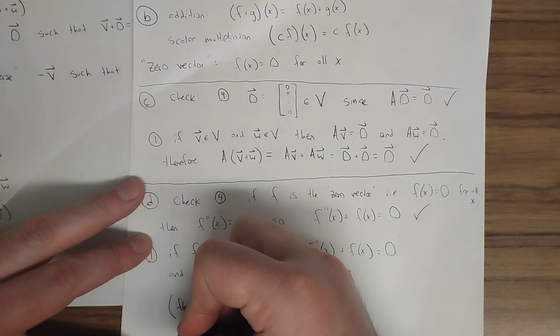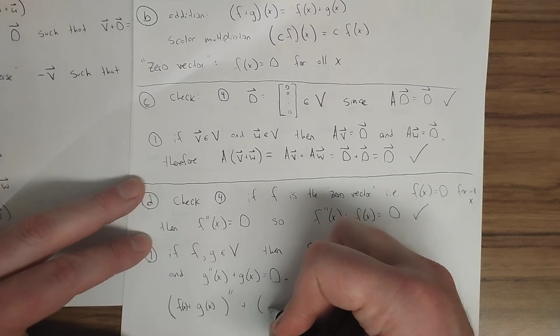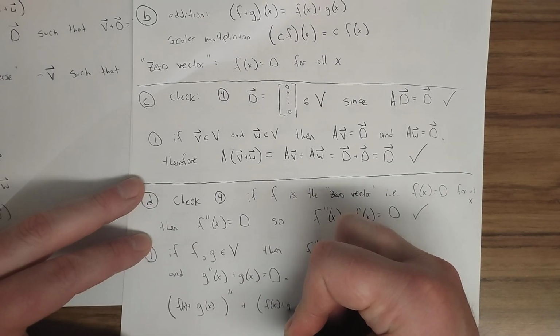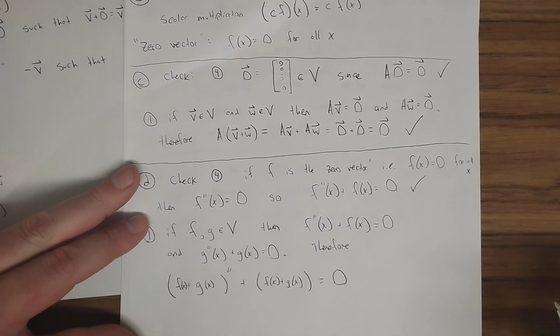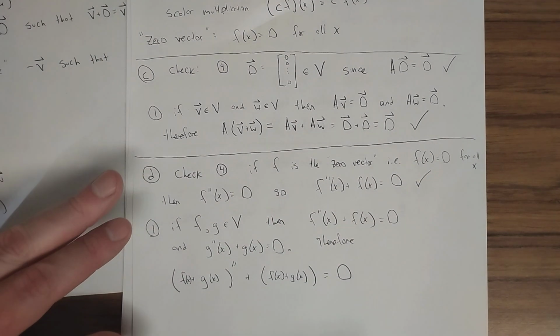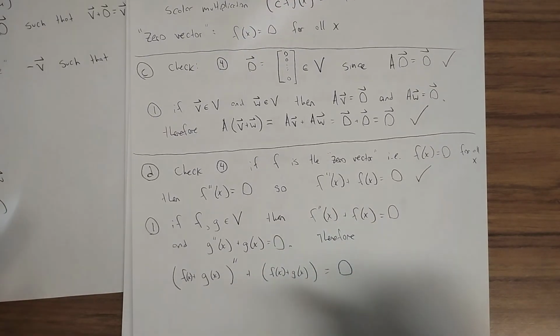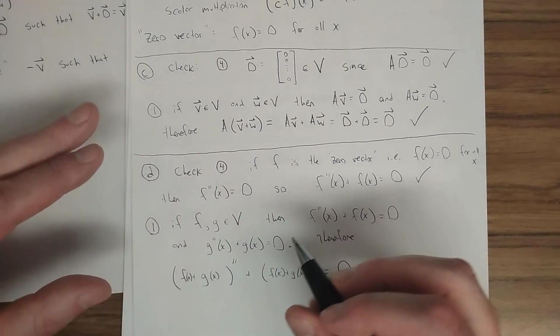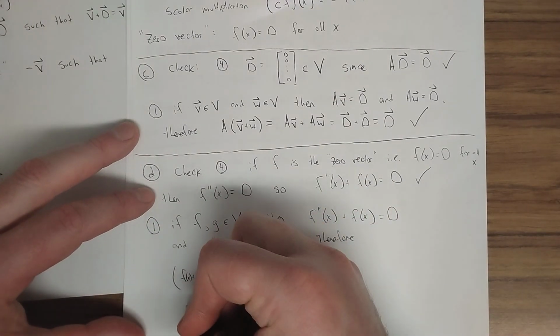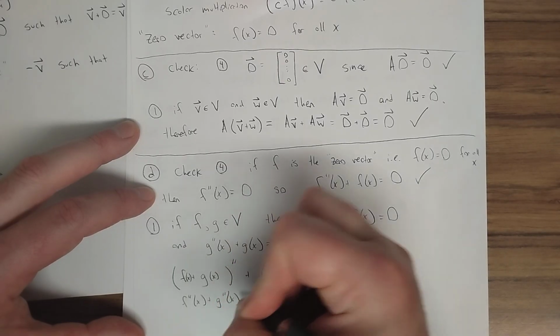here, let me write f plus g of x, f of x plus g of x. And okay, so we know how derivatives work. If I'm adding two functions and I take the derivative, I just get the sum of the derivatives. So the same is true of the second derivative. So if I take the second derivative of f plus g, I just get f double prime plus g double prime.